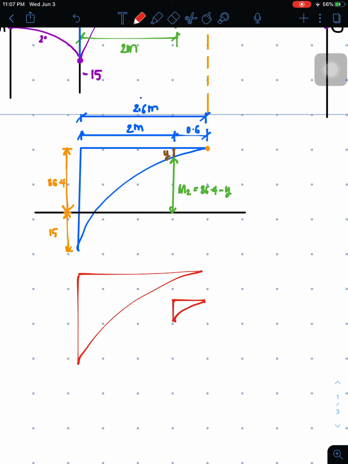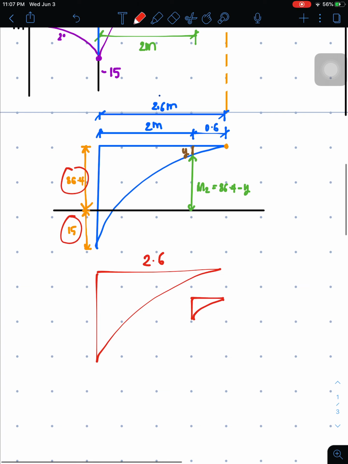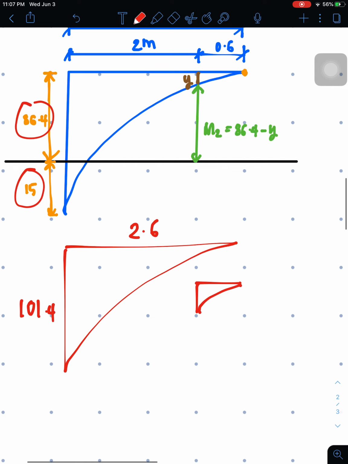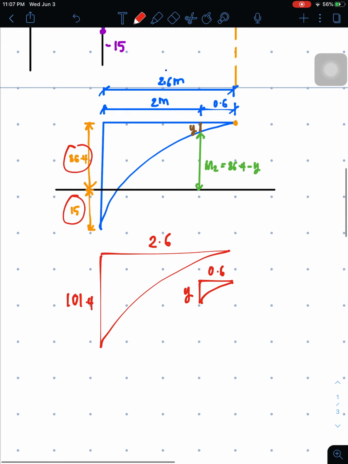This is 2.6, this is 101.4, and this one here is our 0.6, and this is our y.